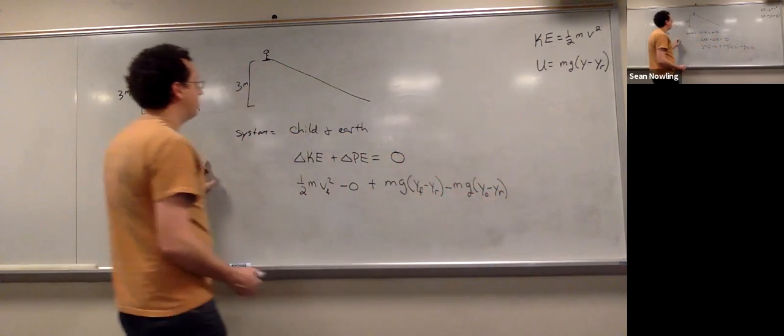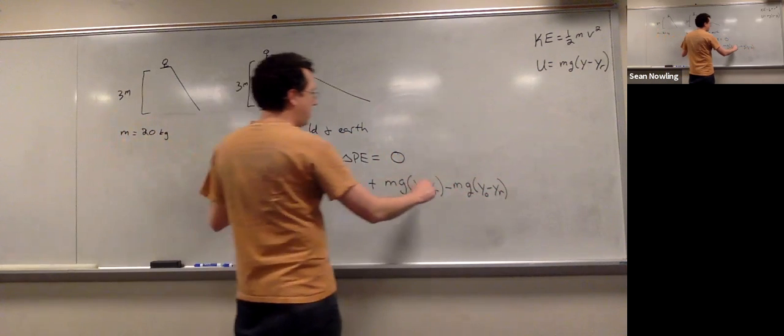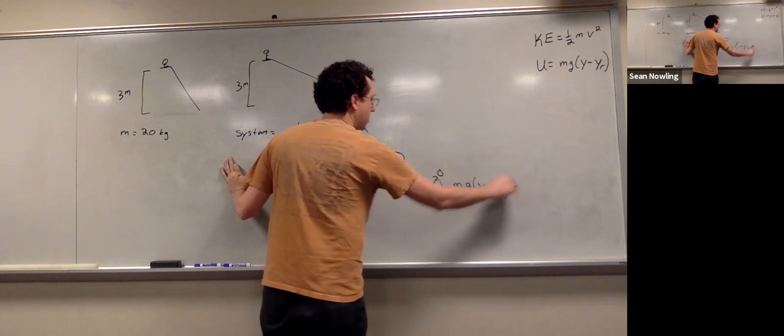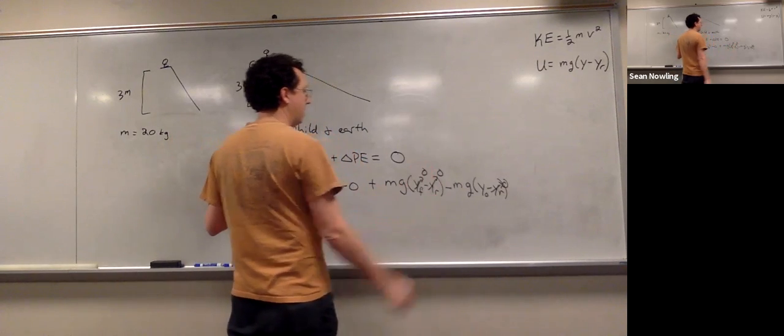Now I'm choosing the reference height so that the potential energy is 0 at the bottom. That means I set the reference height to be 0. And the final height is 0 because they land on the ground.